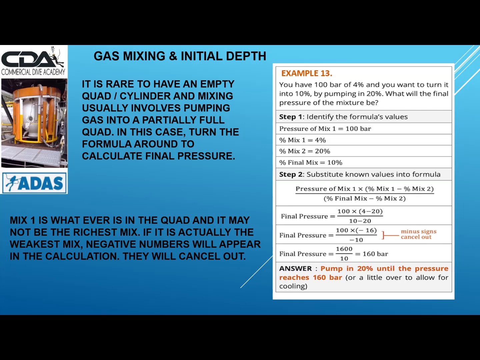That gives us minus 16 and minus 10. Those two minus signs can cancel out. So that gives us 100 times 16 divided by 10. 1600 divided by 10 equals 160 bar. So that tells us pump in 20% until the pressure reaches 160 bar. We're going from 100 bar to 160 bar with 20%, or a little over to allow for cooling. There's our answer.